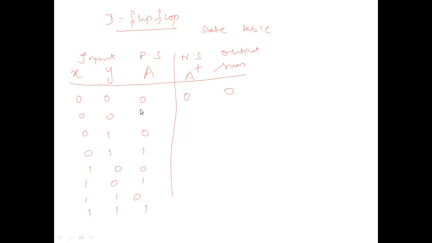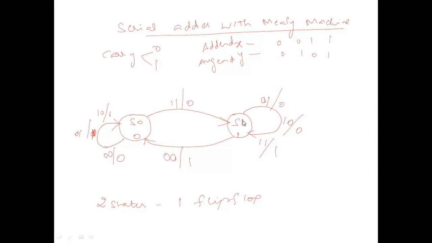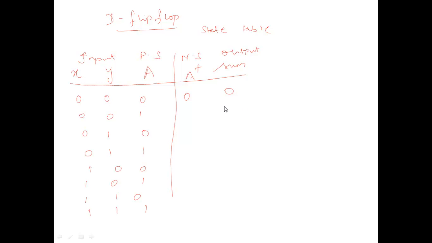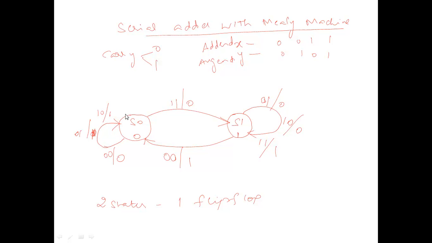Now present state is 1, input is 0, 0. Check the state diagram. It goes to the next state 0, and the output is 1. So next state is 0, output is 1. Next combination is present state 0, input 0, 1.